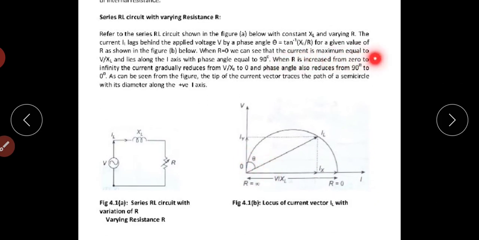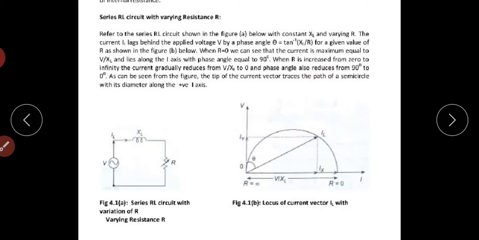When R is increased from 0 to infinity, the current gradually decreases, because the current is inversely proportional to the resistance value. If we increase the resistance value, the current value decreases. So the current gradually reduces from V by XL to 0, and the phase angle also reduces from 90 degrees to 0.